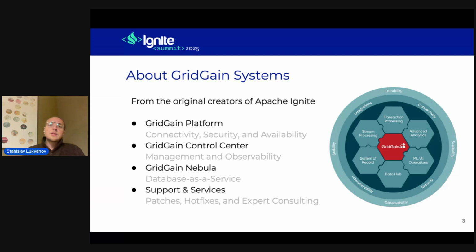The core product is called GridGain Platform, and it is a platform built upon Apache Ignite's core that adds to the Ignite's core features additional functionality for data connectivity, security, and enhanced availability and reliability.